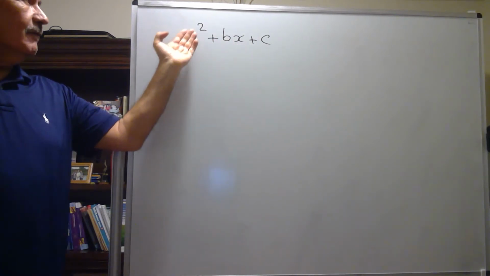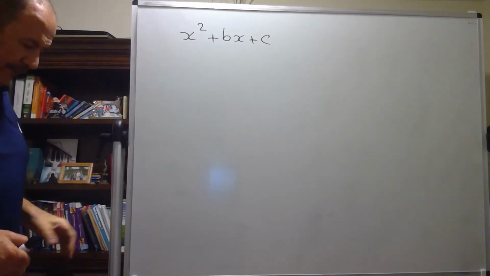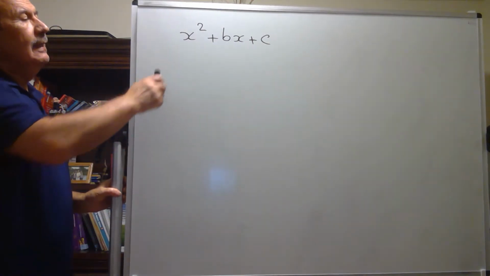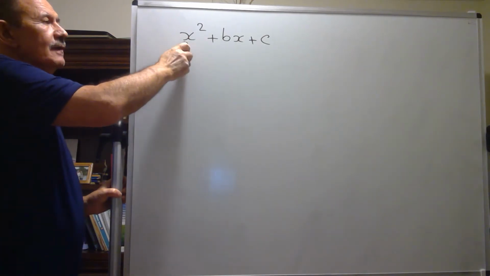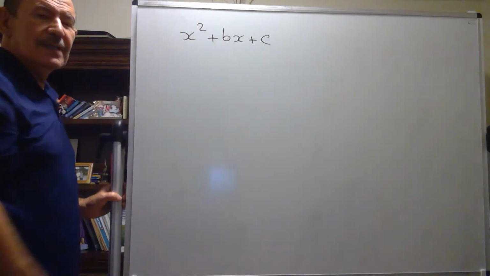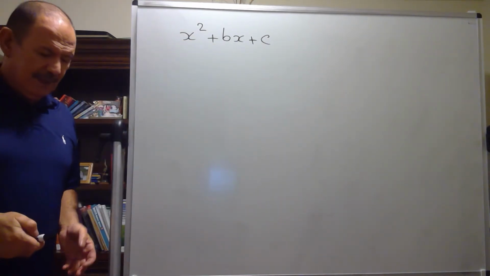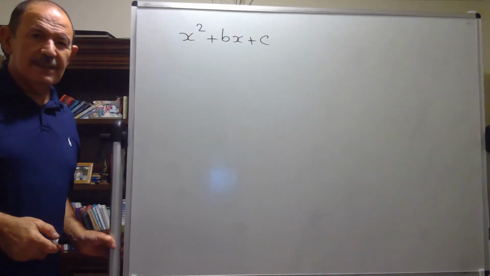The coefficient of x squared is 1. Always in this format of factoring, the coefficient of the perfect square is 1. The general format is x squared plus bx plus c. We want to see how we can factor this type of trinomial.